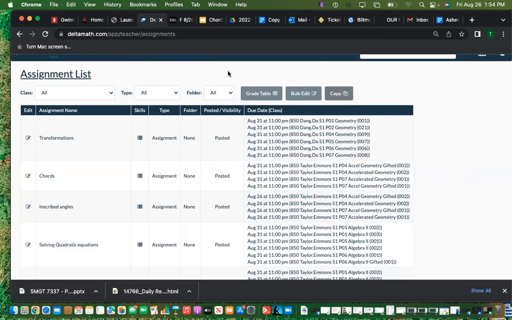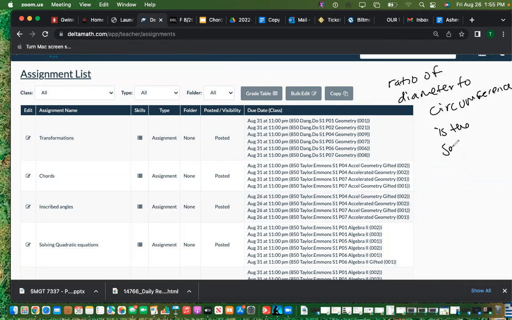The ratio of the diameter to the circumference is the same for any circle that's dilated. The ratio of the diameter to the circumference is the same for any circle that is dilated.